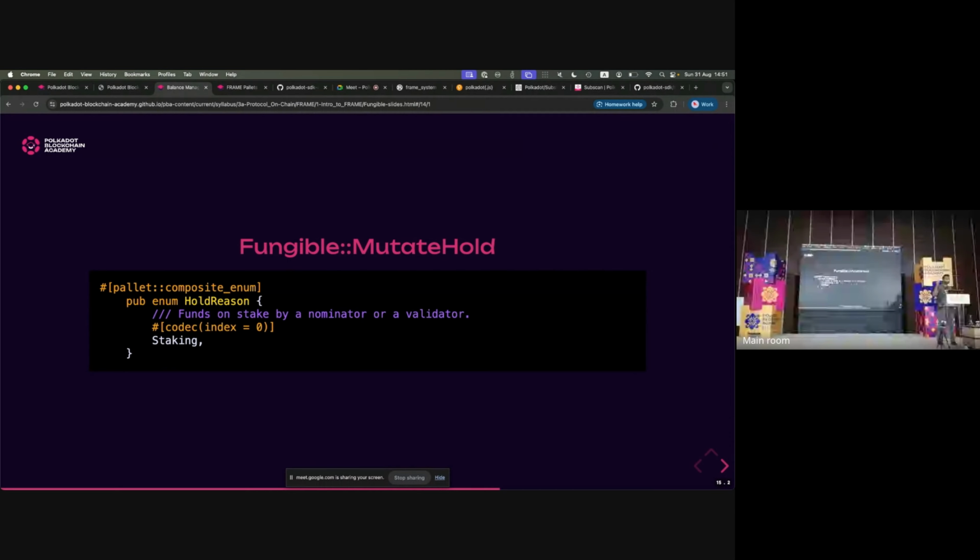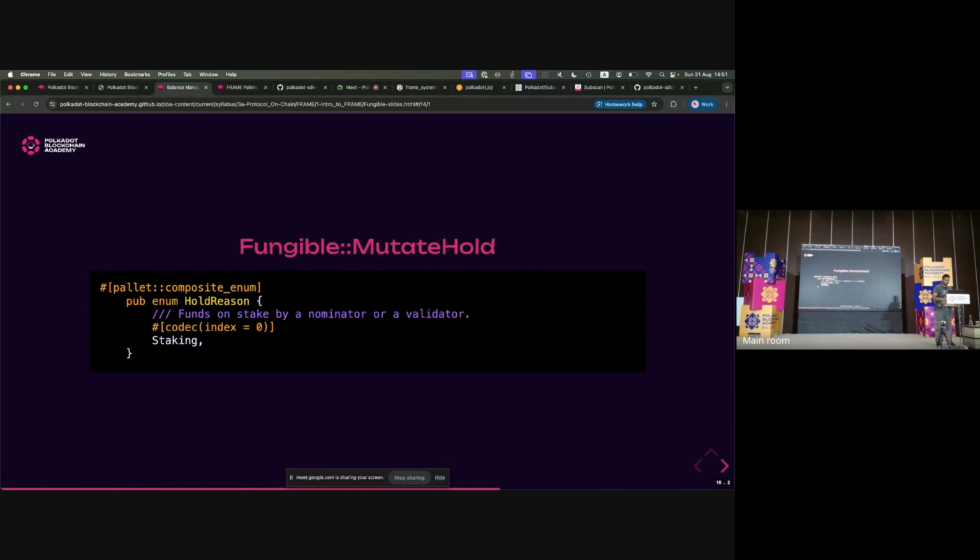You could potentially implement your own pallet balances that has your own traits and do your own things. It's kind of pointless at this point to do that, but you could. For your assignments, holds and freezes should be enough. If it's not enough, that's a great thing for you to give us feedback on, and think of what is missing.